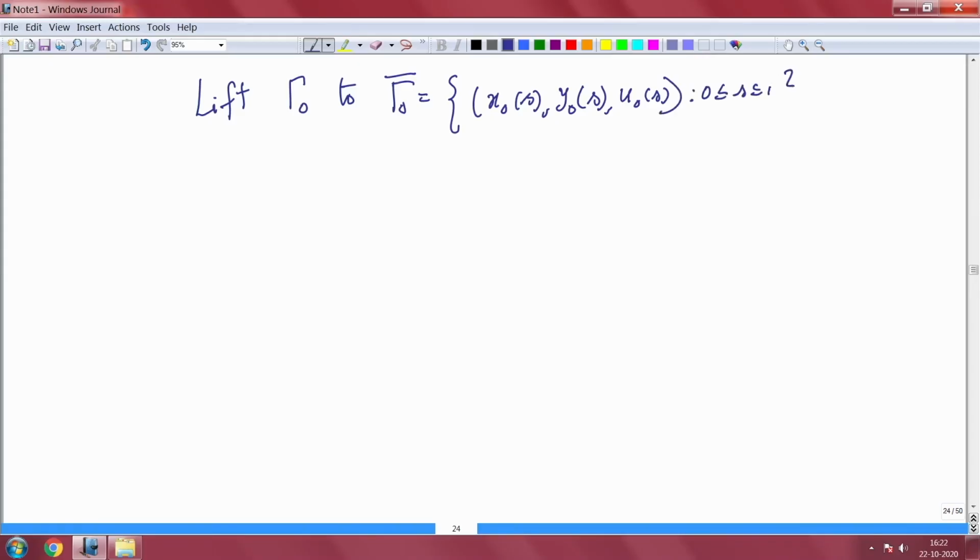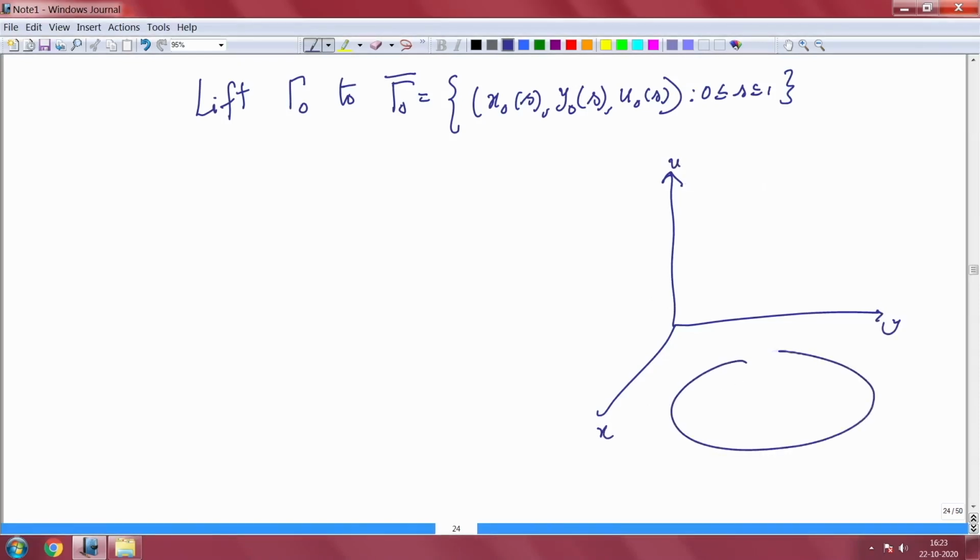What did I do? Basically, you have your initial condition, you have x here, y here, you have your u here. So you have your domain here, and you have your gamma naught here; on gamma naught, I will get a space curve gamma naught bar, because I do not know how to find my characteristics here.